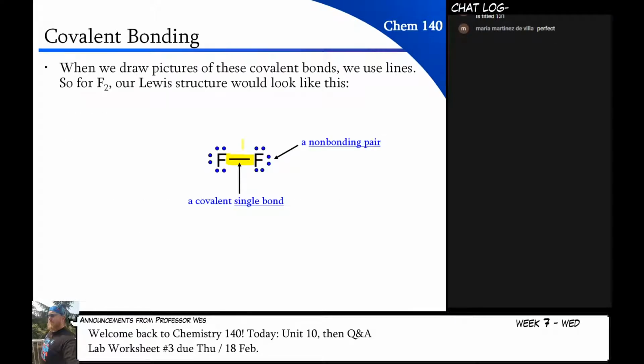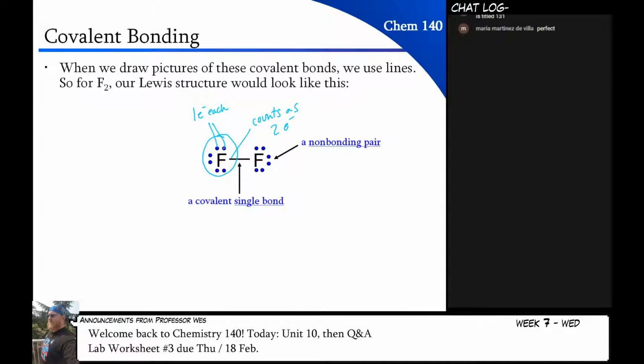So if I go back here and check to see that I satisfy the octet rule, a common strategy would be to just circle an atom. If you pass through a line, the line counts as 2 electrons. Each of these is 1 electron.